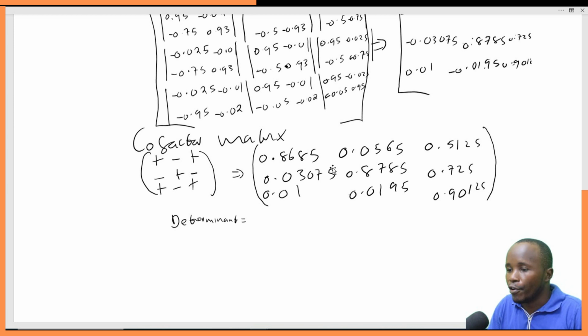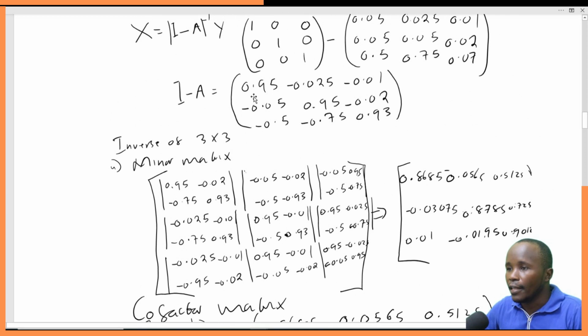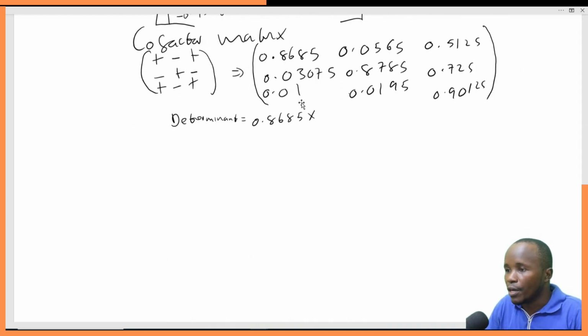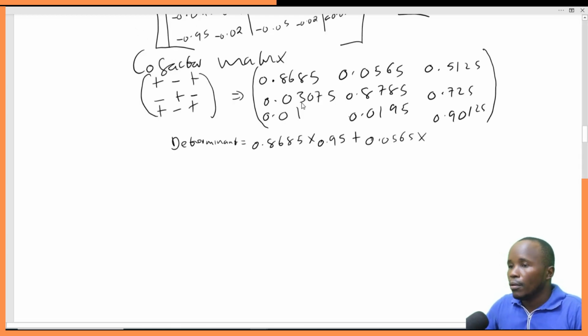My cofactor for first column, first row, 0.8685. I multiply by, go to the matrix. What did we have here? Here we had 0.95. So I'll come here and multiply this one by 0.95. Plus, the next cofactor here is 0.0565. I go back to my matrix.